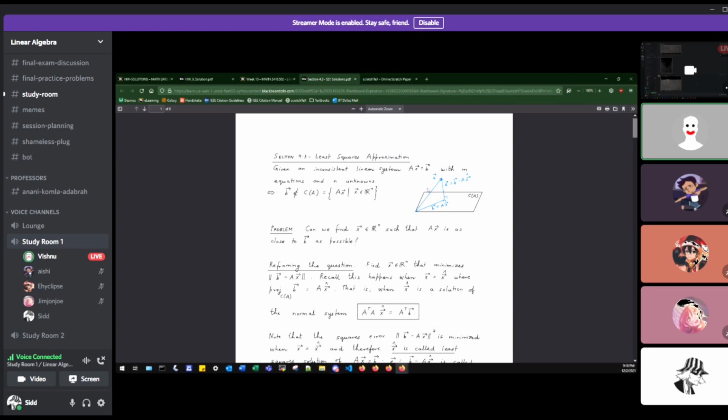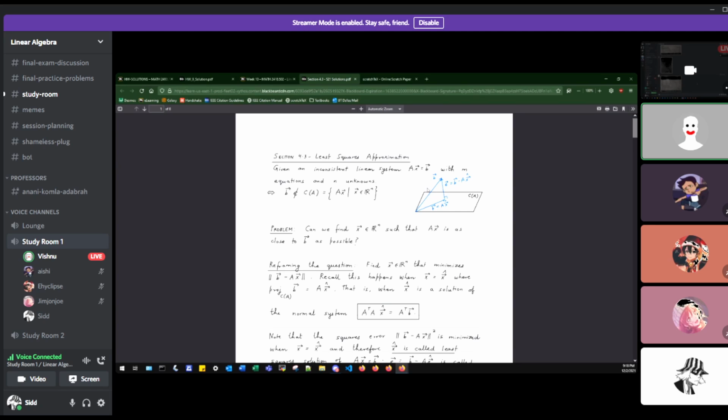And the way you do that is by taking the data points and setting those data points to be part of your matrix, I believe. Let's see. Okay, it's right here. The explanation's over here.